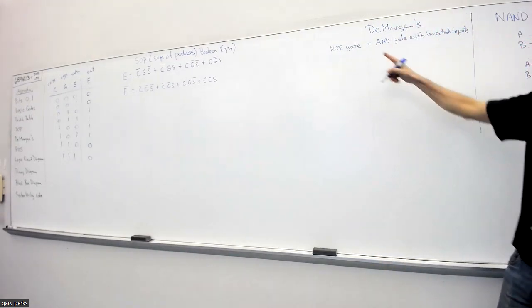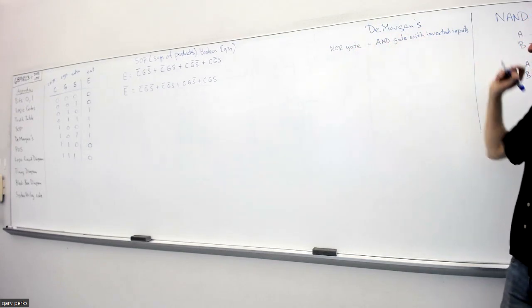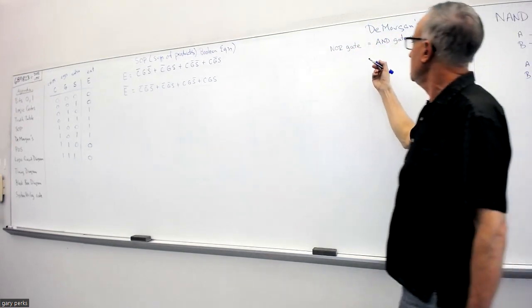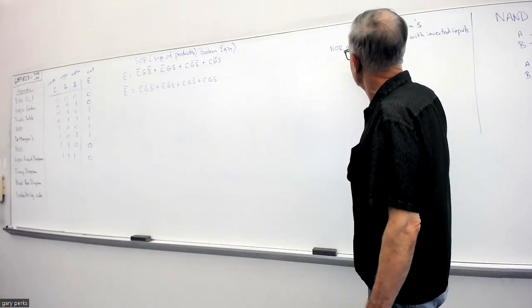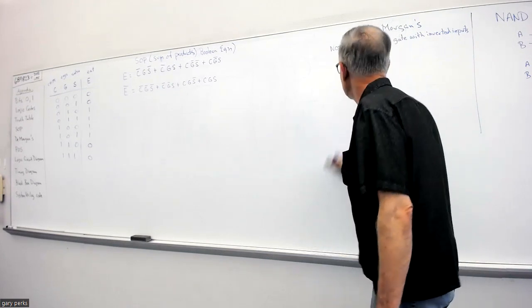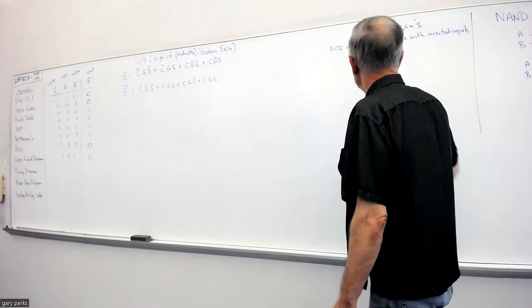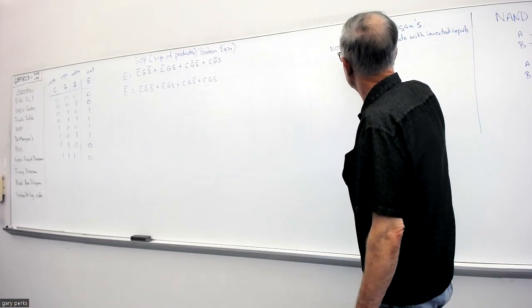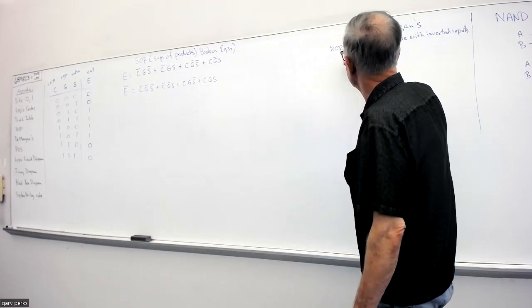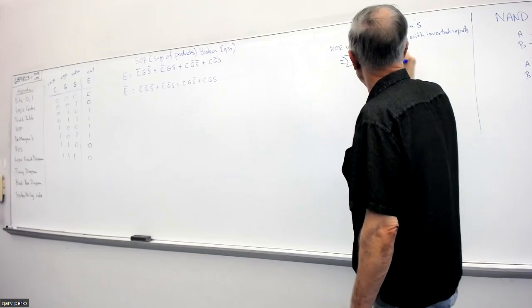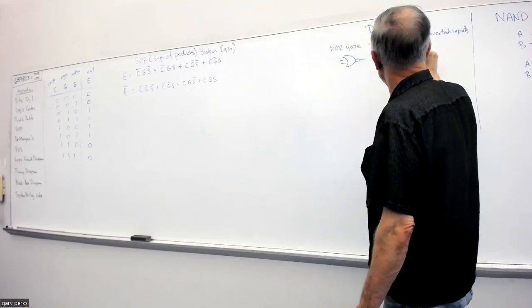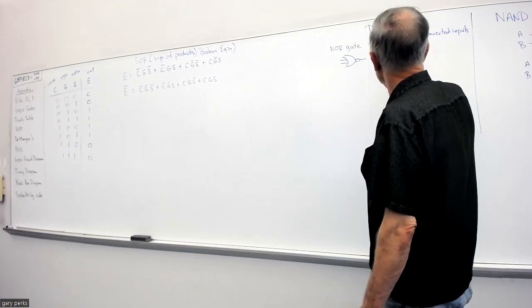That's how you would say it in words: a NOR gate equals an AND gate with inverted inputs. You could also use symbols. Remember, the NOR gate looks like this. It equals an AND with inverters on the inputs.